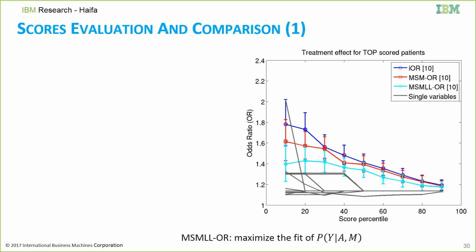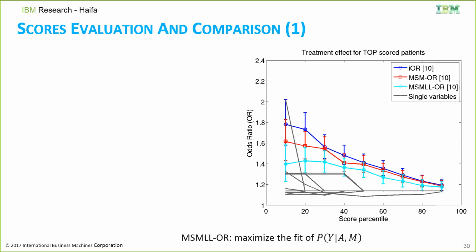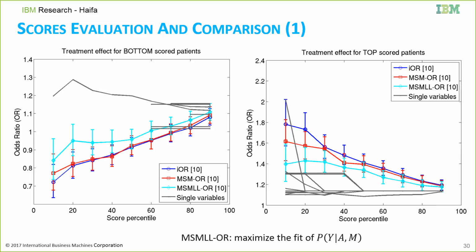This one is actually the one with seizures. It's a binary one, so it can only split the population into two, and for the 10% here, it's actually better than the scores. So this is looking at the top percentile, and the other one looking at the bottom, actually the same trend, opposite.